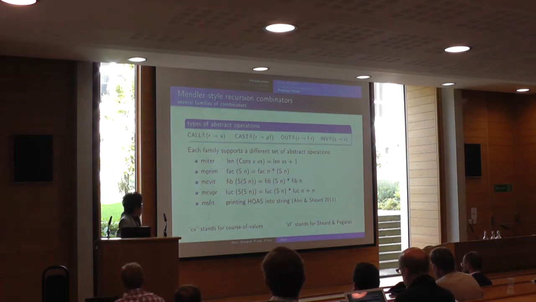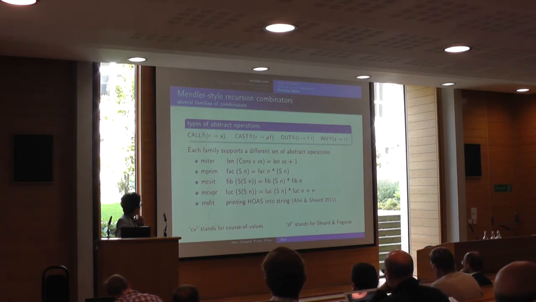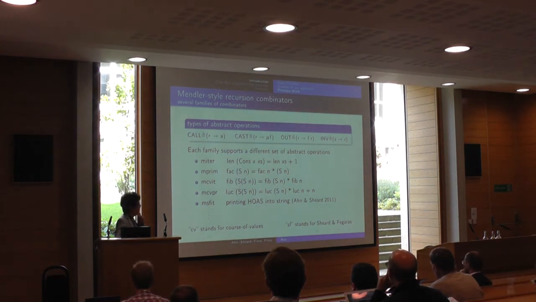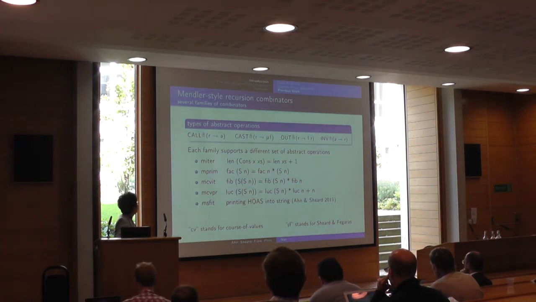It's basically a Fibonacci function with a linear factor. And there's also this strange thing called MsfIt, which I'm not going to explain, but it is an iteration that works particularly well for very strange data types that are not positive. Details you can find in the paper.